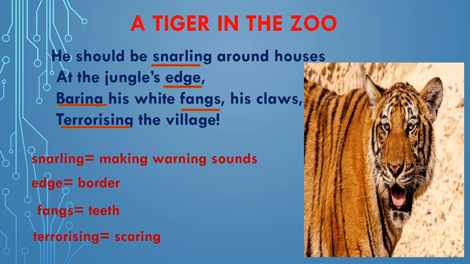They are frightened to see it. Oh, some tiger! I saw a tiger at the border of the jungle. They are very frightened. Yes, the tiger which lives in the jungle, snarling around houses and bearing his white fangs, his claws terrorizing the village.